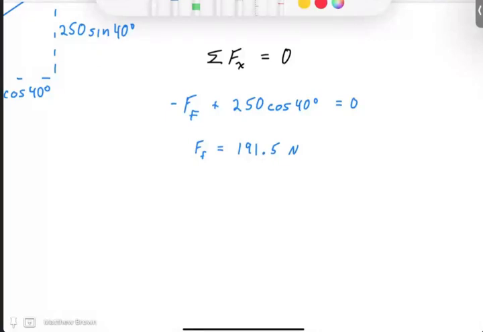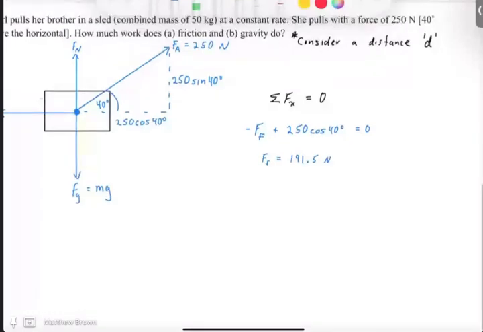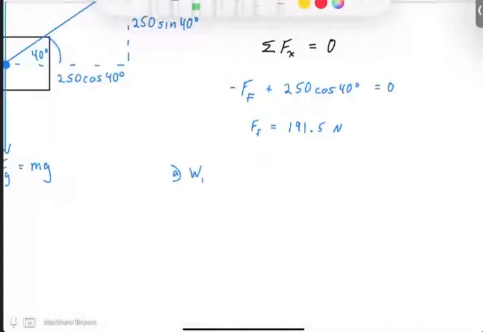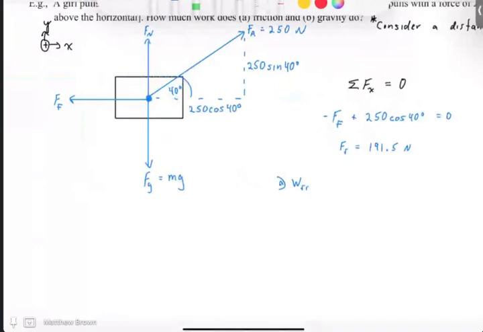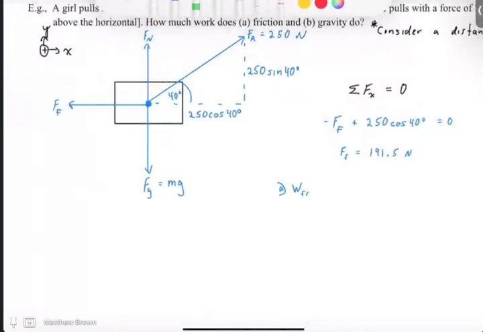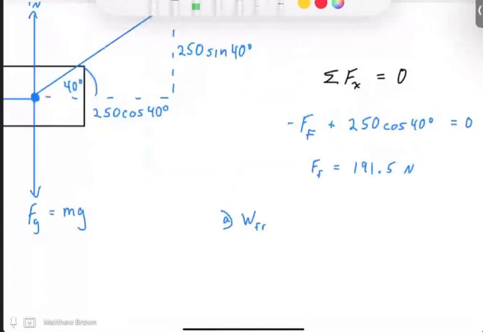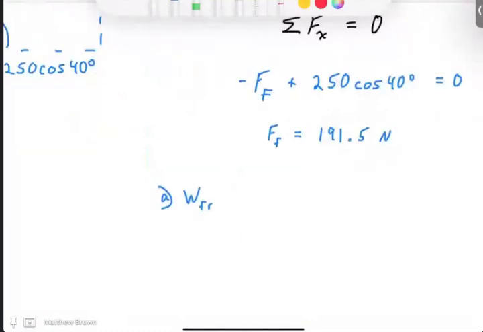So now if I want to do part A, I can say the work done by friction over some distance delta d. Now here's where it actually matters that it is negative. When I did the equation up above, I said friction is in the negative direction, so I just put in minus that, but it is very important that it is against the direction of motion, so I actually have to respect that sign again in my equation.